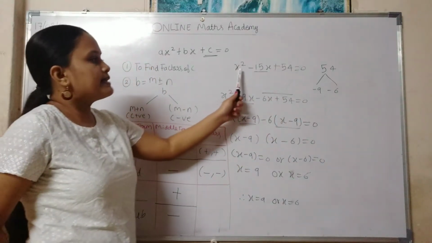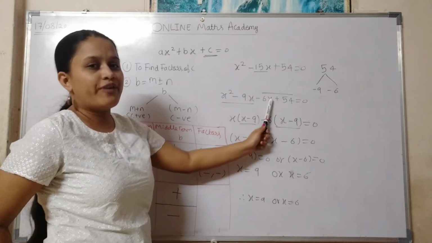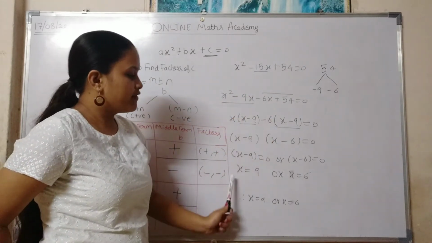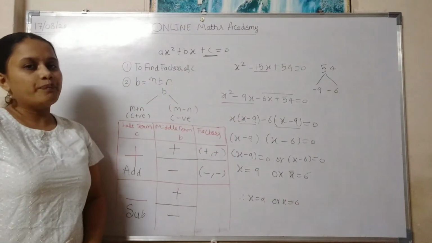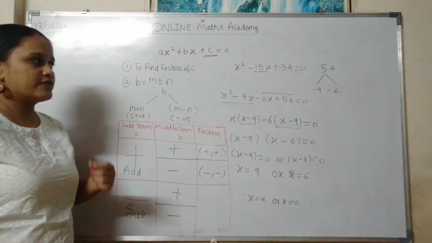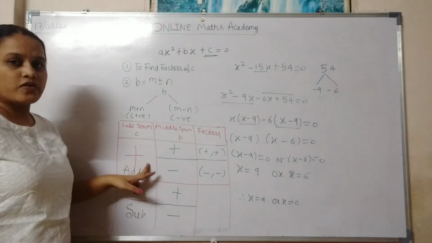Then I replace this middle term by that two factors. Then I solve them and I get two values of x. This is your solution for quadratic equation. This was the equation where the last term was plus.